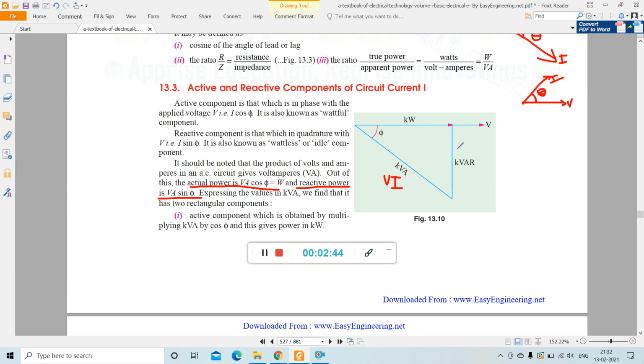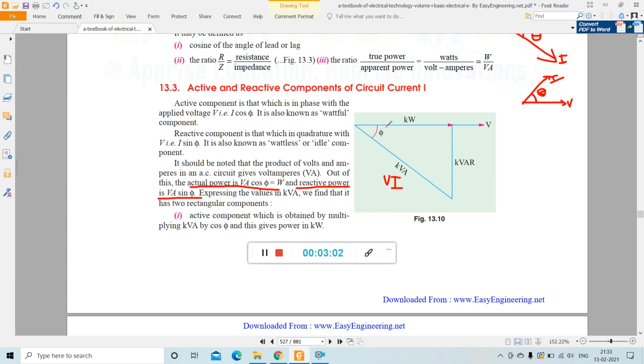The product of volt and ampere in an AC circuit gives us volt ampere. From this, actual power is VI cos phi. This is VI, or it is kVA.